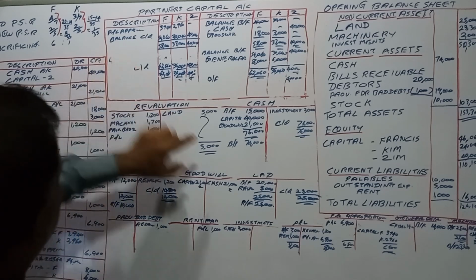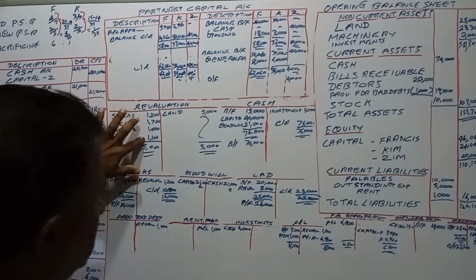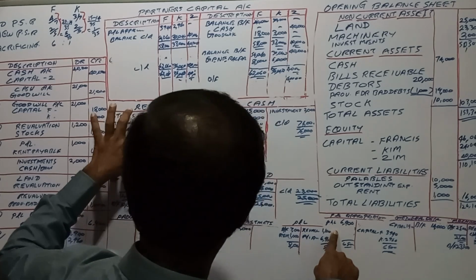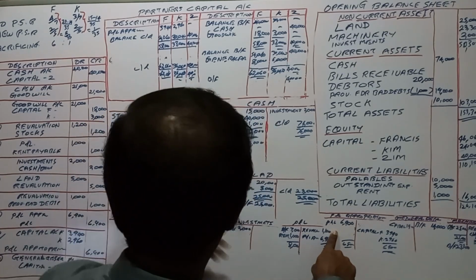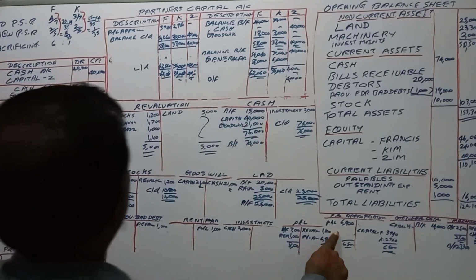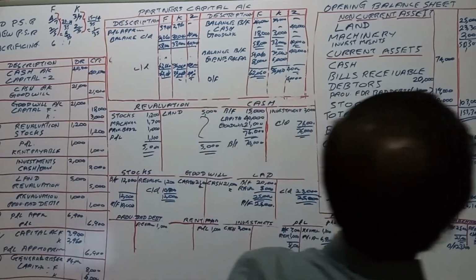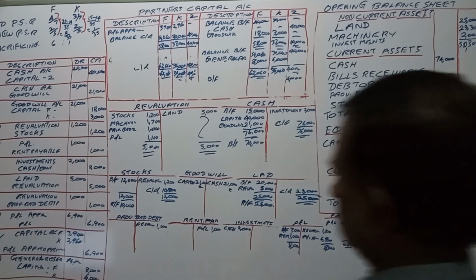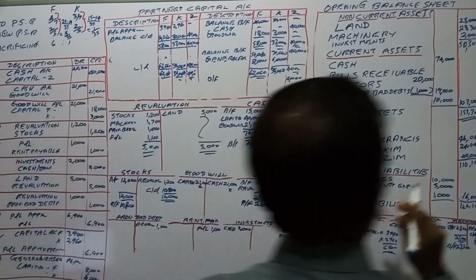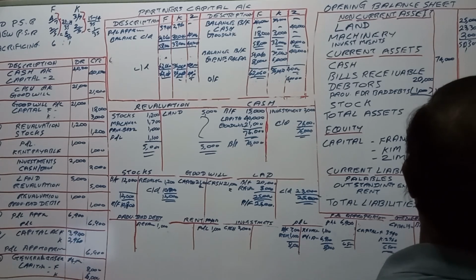Right here 5,000, 3,900, then 1,100 goes to the profit and loss account. Stocks reduced by 1,200. Then stocks should be 10,800, right? 10,000 stocks should be 10,800, right?